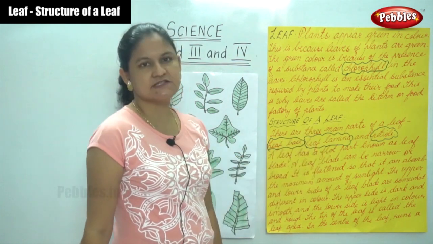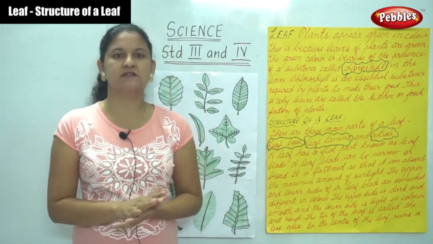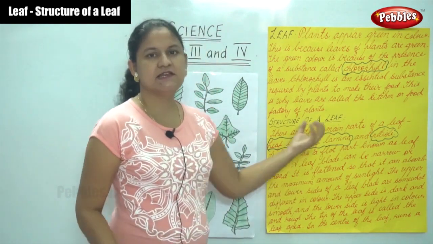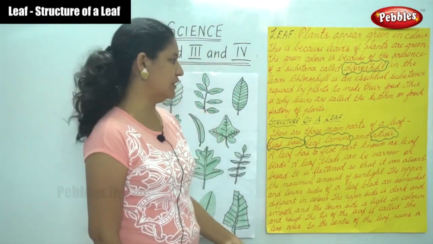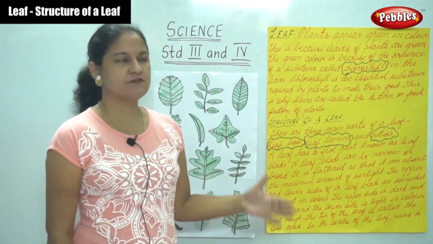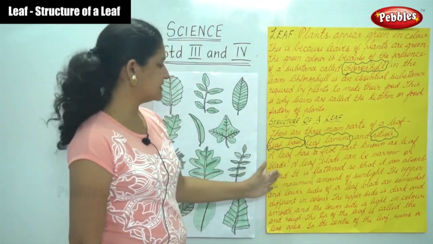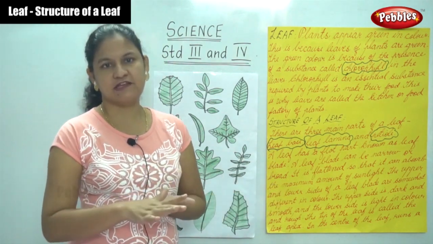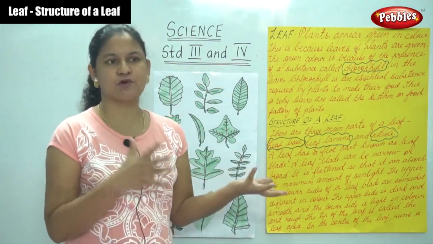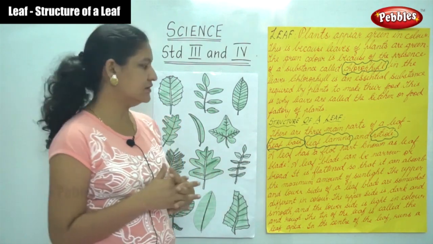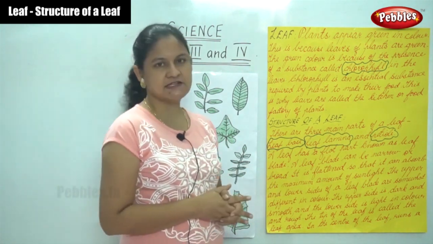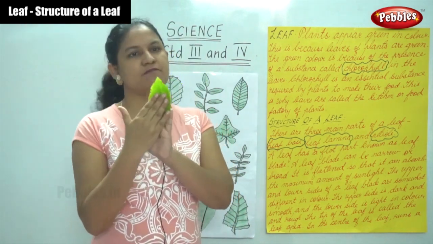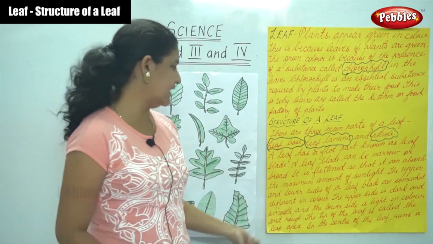So let us recap the structure of a leaf. The three main parts of the leaf are the leaf base, the leaf lamina and the petiole. A leaf has a flat part known as the leaf blade, and it can be broad or narrow depending on the plant. It is flattened so that it can absorb the maximum amount of sunlight.